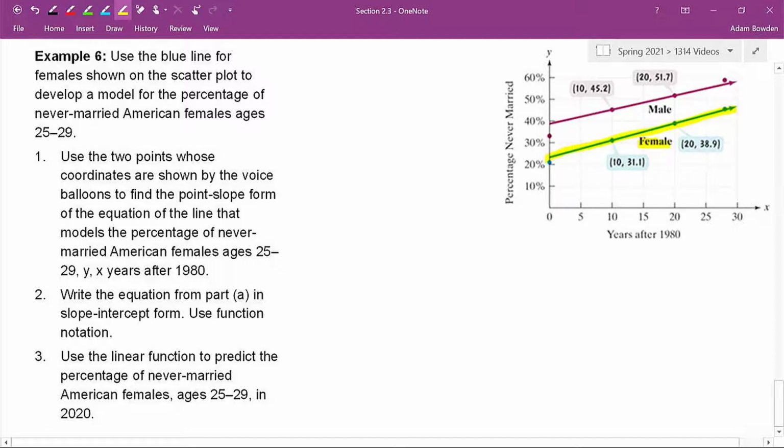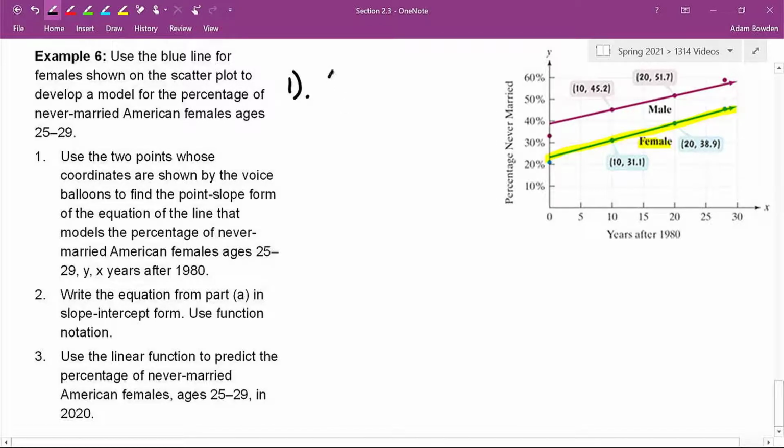Since the trend for the numbers follows along a straight line, we can create a linear equation and a linear function that can follow along the trend of the data points. So step 1 is we're going to use 2 points to find the point-slope form of the equation of a line that models the percentage of never married American females aged 25 to 29, in the variable y, for x years after 1980.